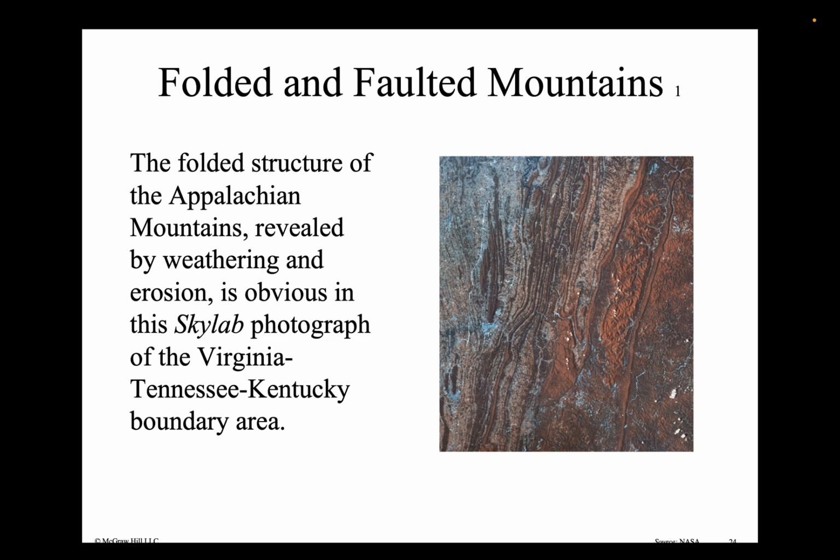Here, this is a picture of the Appalachian Mountains, and like I said, the Appalachian Mountains were formed by this folding process. Okay, not only the Appalachian but also the Rocky Mountains and the Himalayan Mountains were formed by these foldings of the crust over time. So folding is a major feature of these mountain ranges.